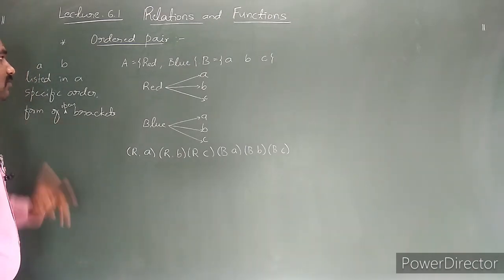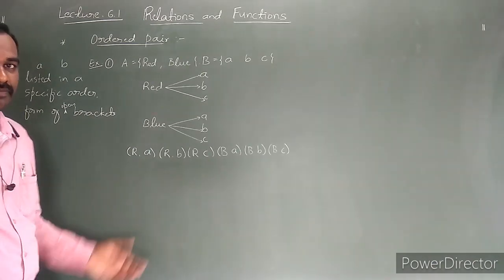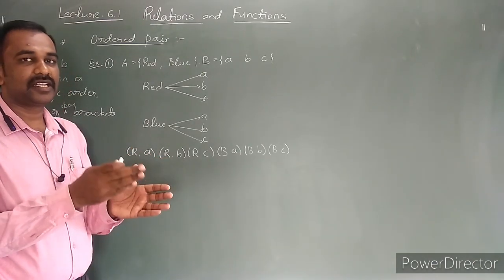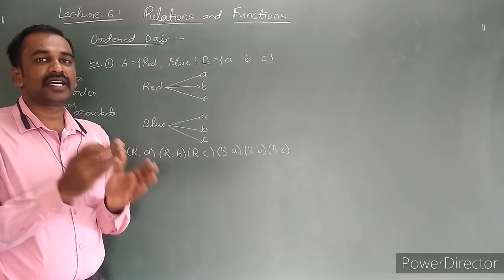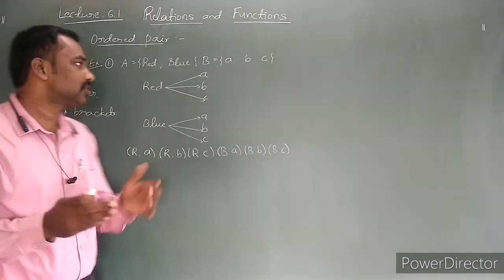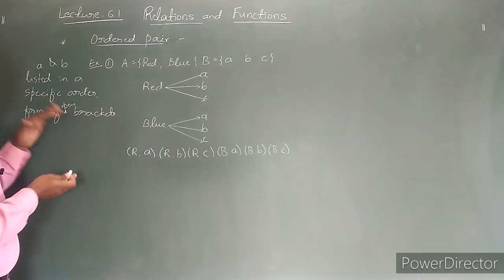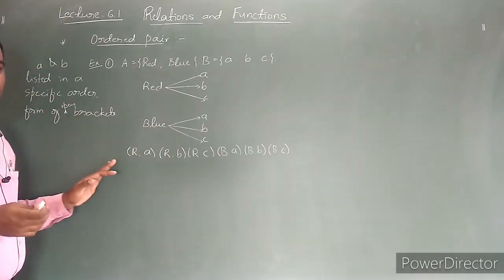Similarly, this is one example. I think you have already got the meaning of the ordered pair. An ordered pair is two objects, A and B, listed in a specific order and written in an open bracket.